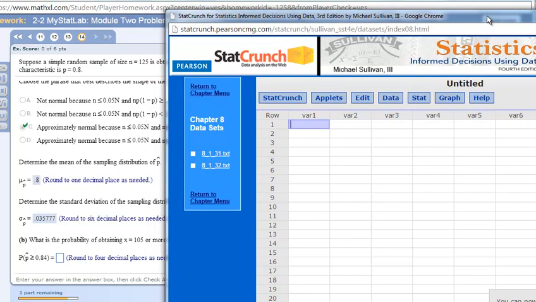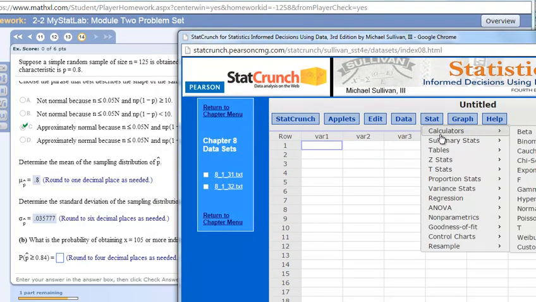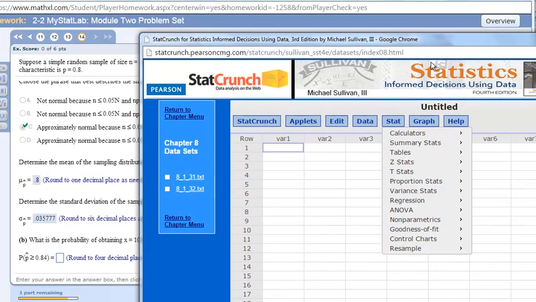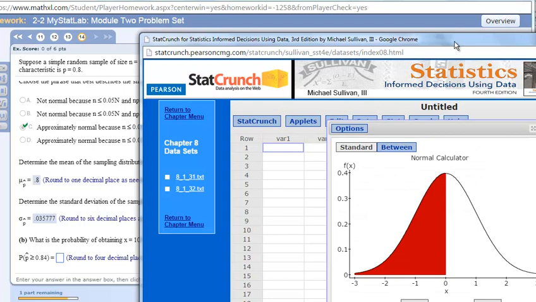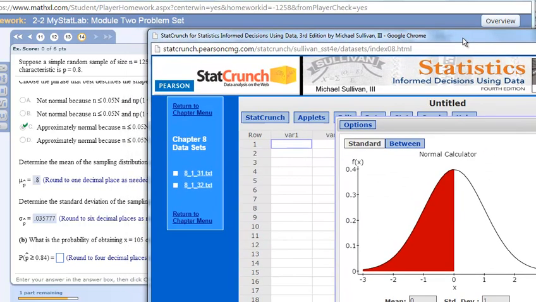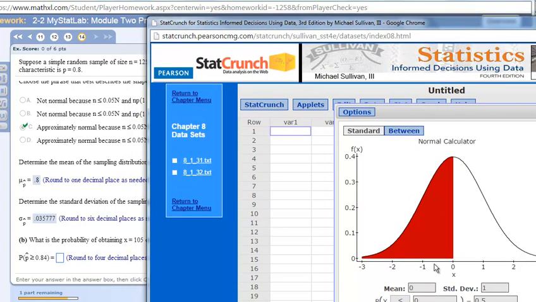I'm going to go into Stat, and then Calculators. Let me make sure you can see this. So Stat, Calculators, and then Normal, for the normal distribution. Here it's asking the probability that p hat is greater than or equal to 0.84.